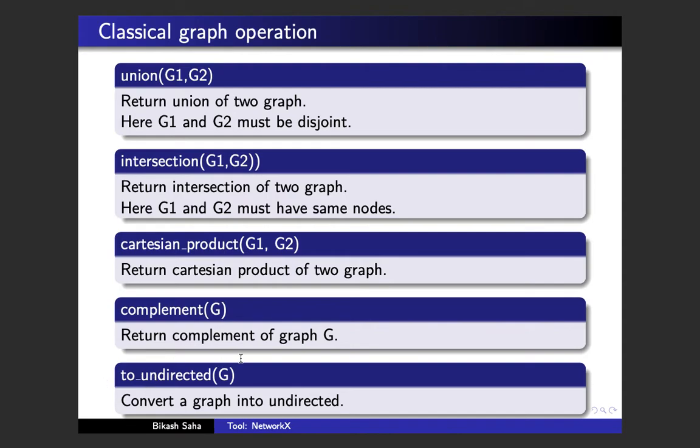Here, using union of g1, g2, it will return the union of two graphs, and here g1 and g2 must be disjoint, so there are no common nodes between g1 and g2.